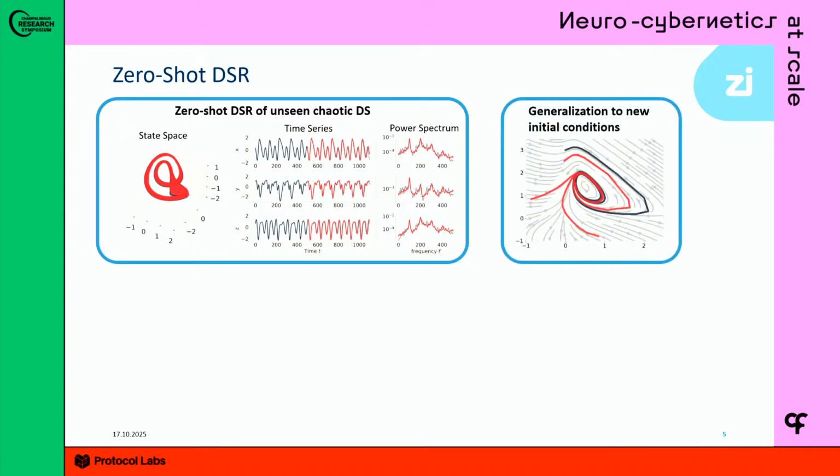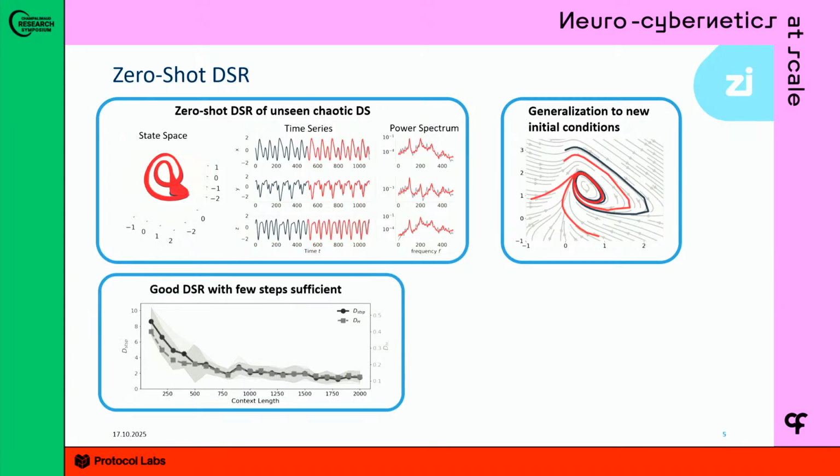Furthermore, we are able to generalize to new initial conditions. Since we're dealing with RNNs, we can initialize them at different initial conditions in state space, and we can see that, even though the gray is again the context, we can also correctly forecast trajectories outside of the context domain.